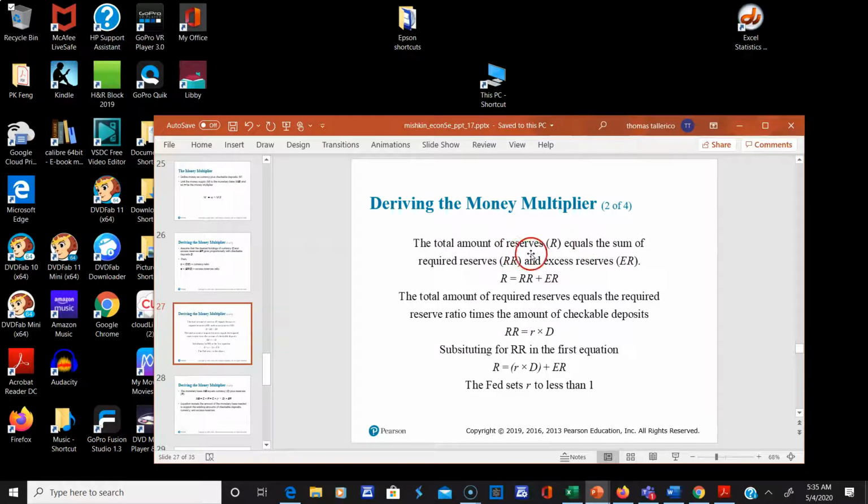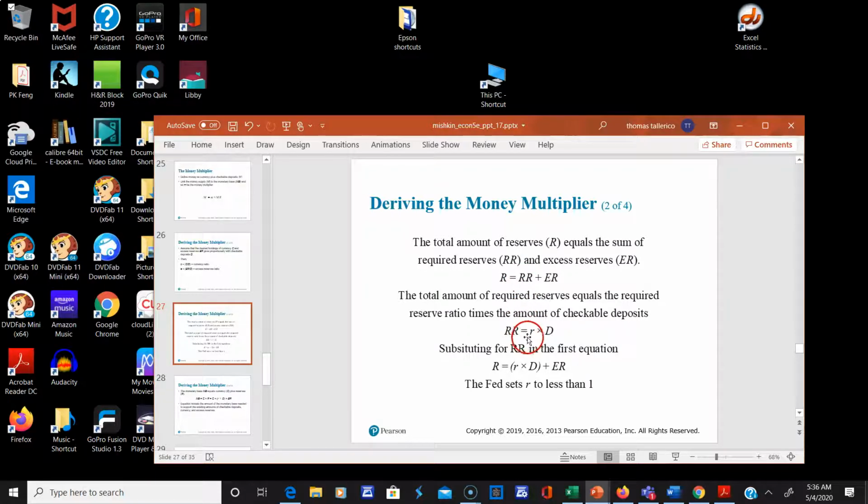So the total amount of reserves R is going to just equal the sum of the required reserves and the excess reserves. This is required by the Fed of all the banks, and this is any excess. So how do you define required reserves? It equals the required reserve ratio times the amount of the checkable deposits. So this goes in here.